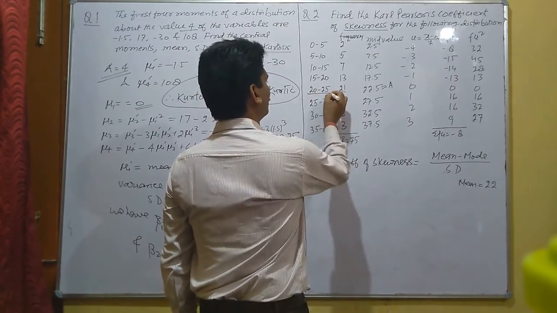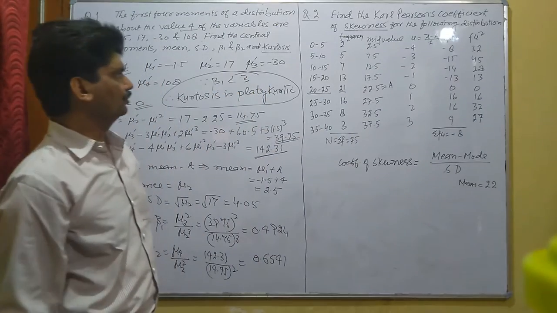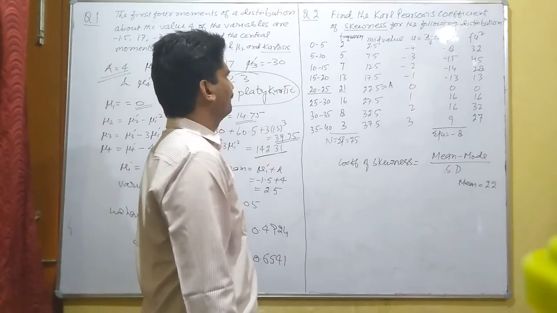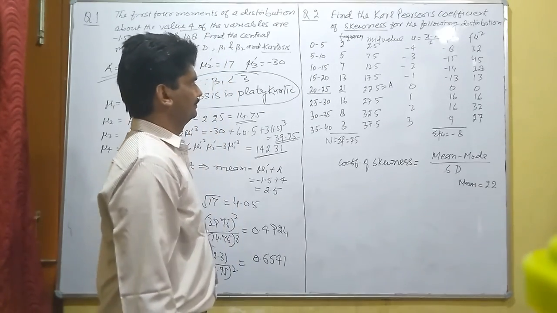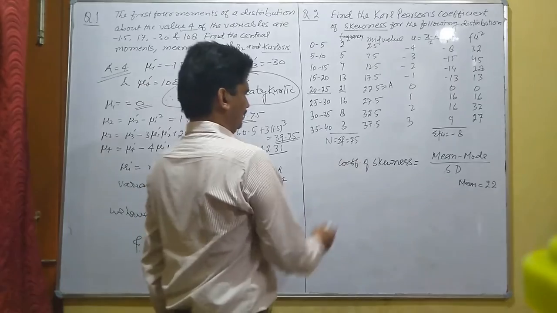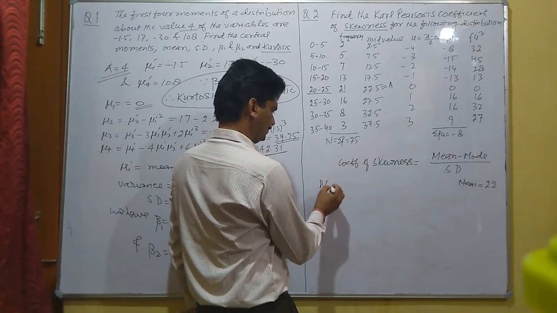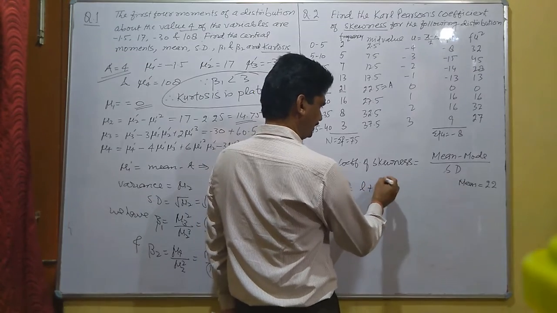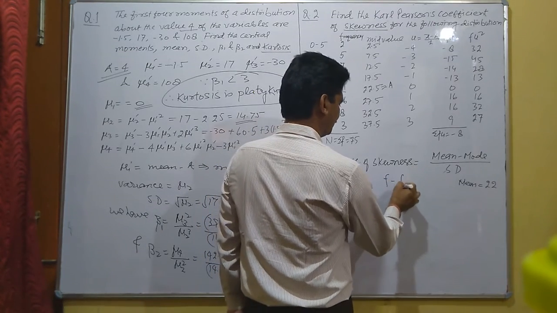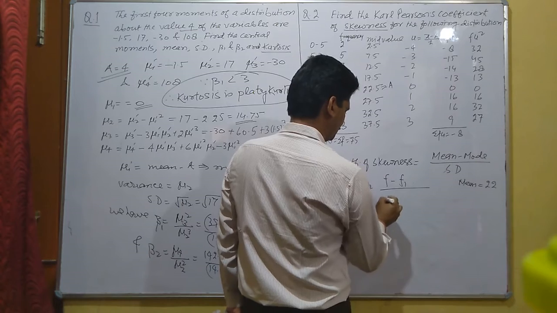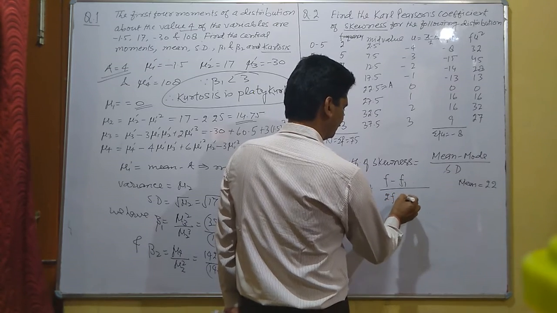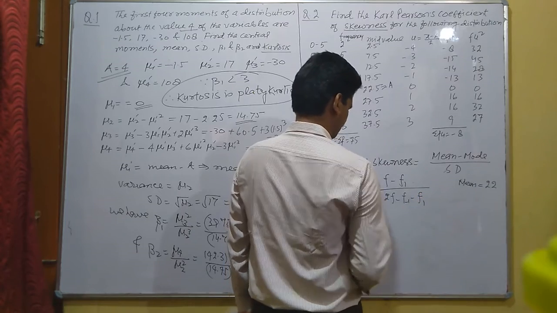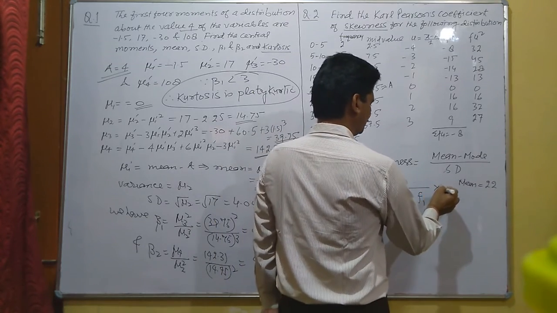So this is the modal class 20 to 25, and this is the formula to find mode: mode equals L plus (f minus f1) upon (2f minus f minus 1 minus f1), into h.